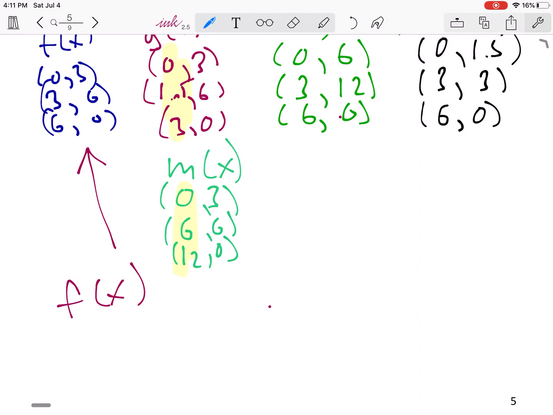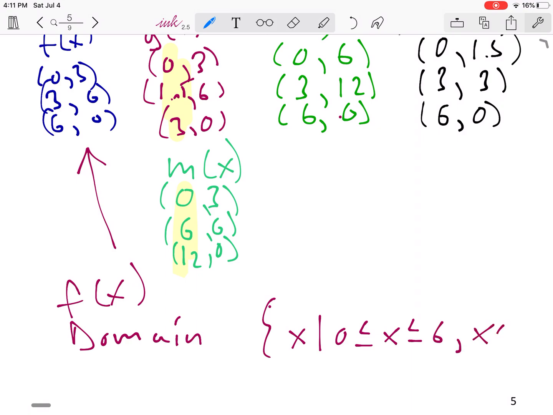So what I would say here is that your domain, I'll use the proper notation here, would consist of the set of x values between 0 and less than or equal to 6, where x is inclusive of all real numbers.